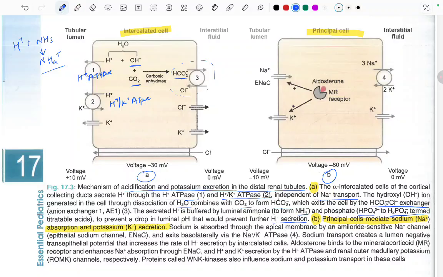Sodium is absorbed through the apical membrane by an amiloride sensitive sodium channel and exits basolaterally by the sodium potassium ATPase.